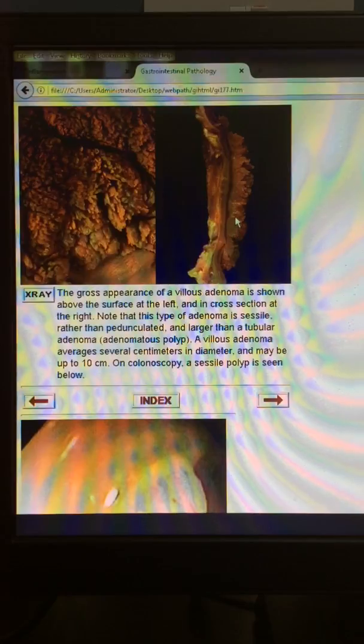So this is a sessile adenoma. Sessile means that there is no pedicle or stalk connecting the adenomatous part or the polyp with the underlying colonic wall. Usually, villous adenoma reaches a larger size than pedunculated or tubular adenomas.